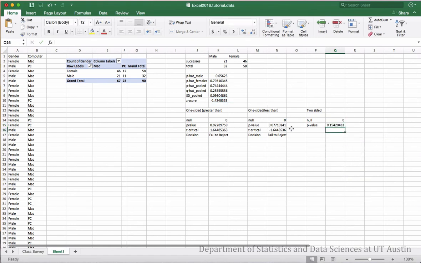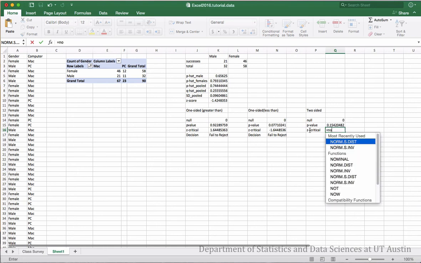And notice this is indeed double that, which makes sense. For the z-critical, again, we will have 2 because we have 2 tails that we are concerned with. It's a two-sided test, so we'll have the lower 2.5%. If our significance level is 0.05, we have to evenly distribute the significance level in the lower end of the distribution and the upper end of the distribution.